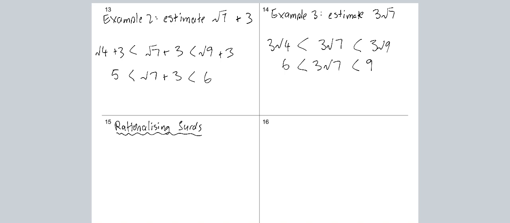So 1 on root 2. Example 1. 1 on root 2. The steps are: 1.